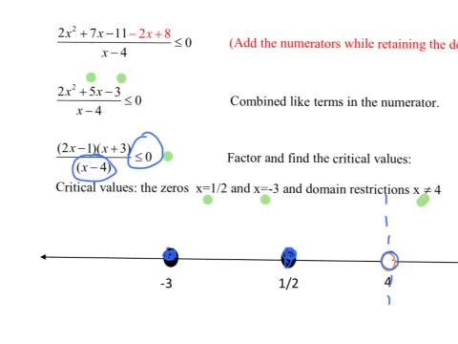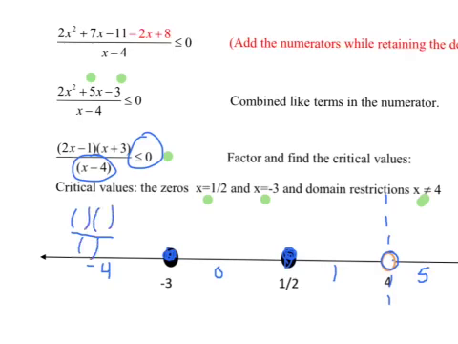The next thing I'm going to do is find test values in each of these regions. Over here, I'm going to choose negative 4. In this region, I'm going to choose 0. In this region, I'm just going to choose 1. And over here, I'm going to choose 5. I have to have one in each of the regions that I split up on the number line. I'm then going to create a little fraction, and I have 2 factors in the numerator and 1 in the denominator.